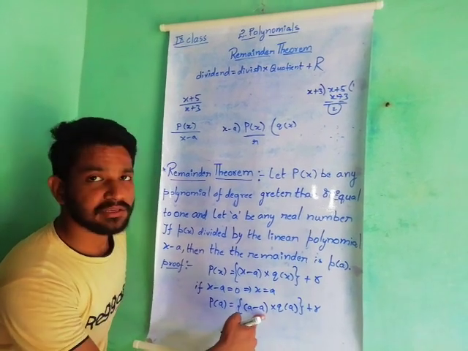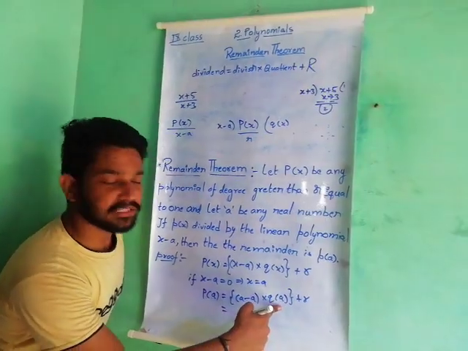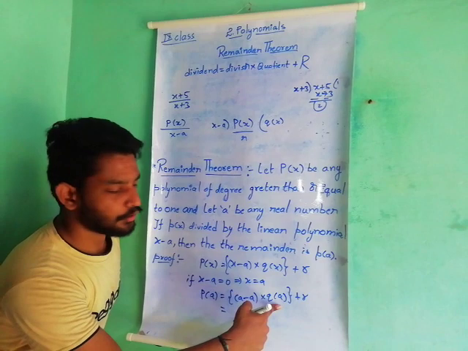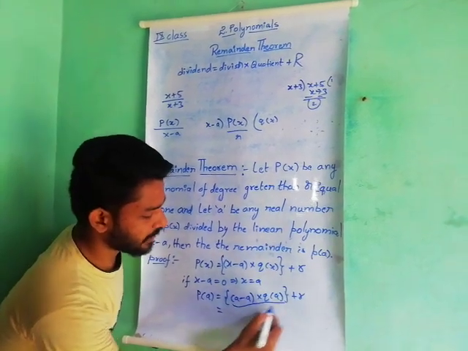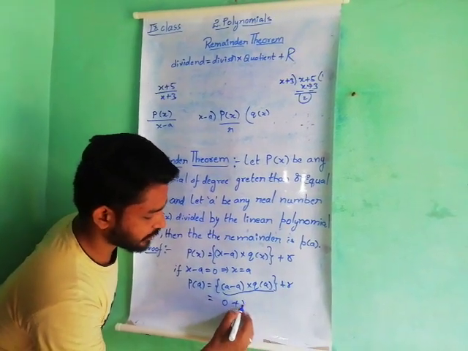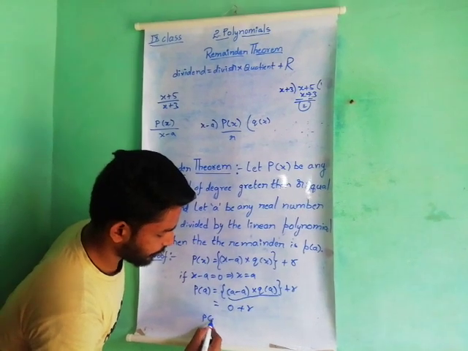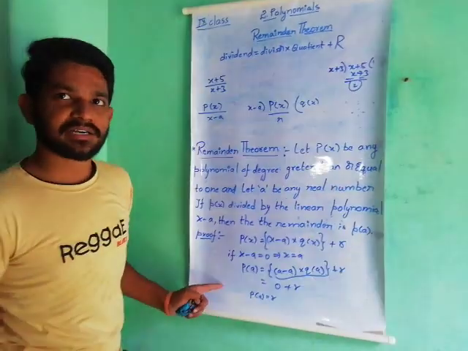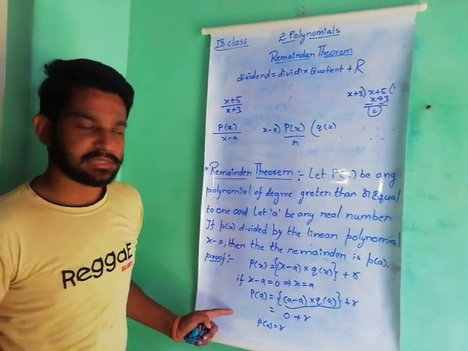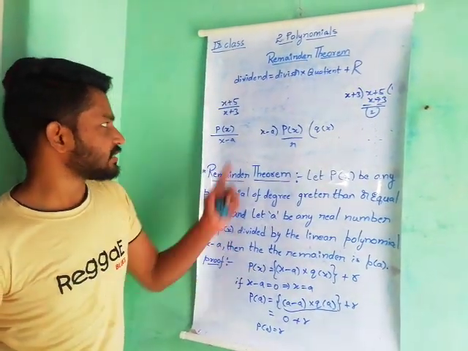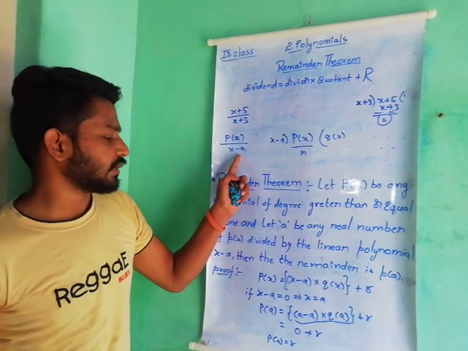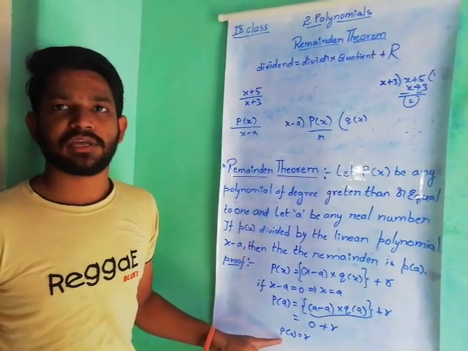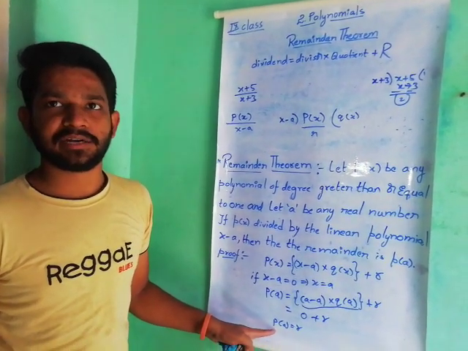A minus a is 0. 0 into anything is 0 only. So this total part becomes 0 plus remainder. So finally P of a is equal to r. Do you understand the remainder theorem? Simple theorem. When P of x is divided by x minus a, it leaves the remainder P of a. That is the statement of the remainder theorem.